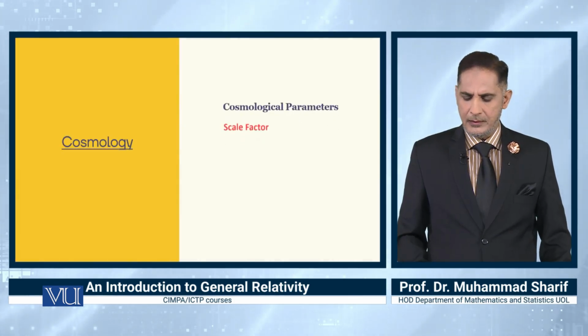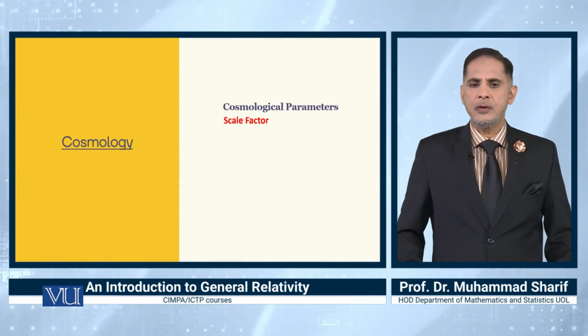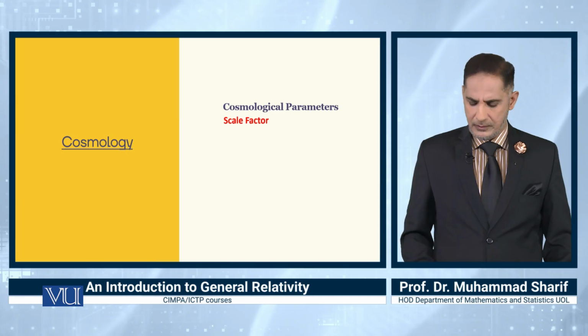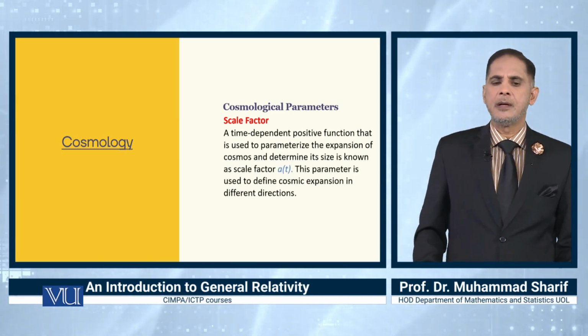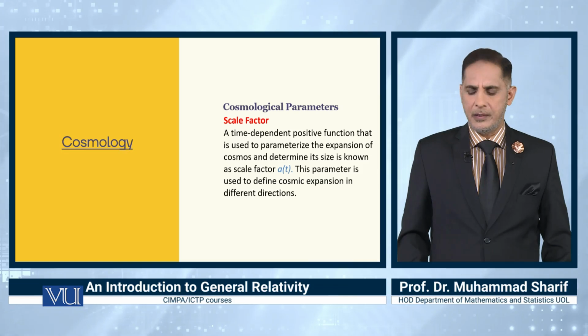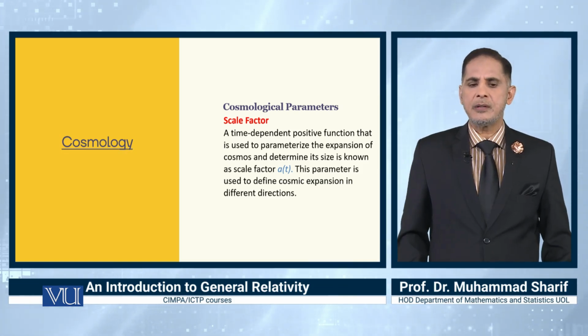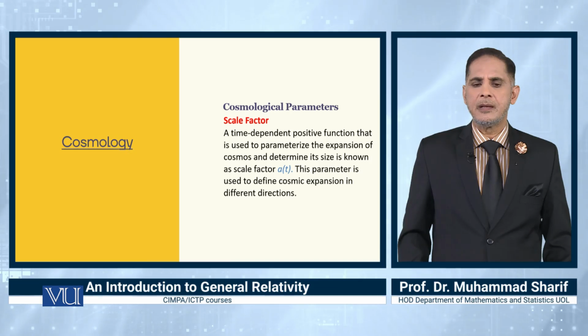Now, I will discuss some cosmological parameters which are very useful when we discuss these theories in cosmology. Number one, the scale parameter or scale factor. As you have seen, a is the scale parameter which is used in the FRW universe. This is a time-dependent positive function which is used to parameterize the expansion of the universe and determine its size.